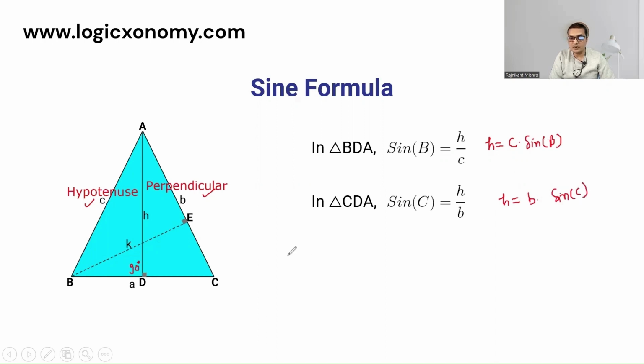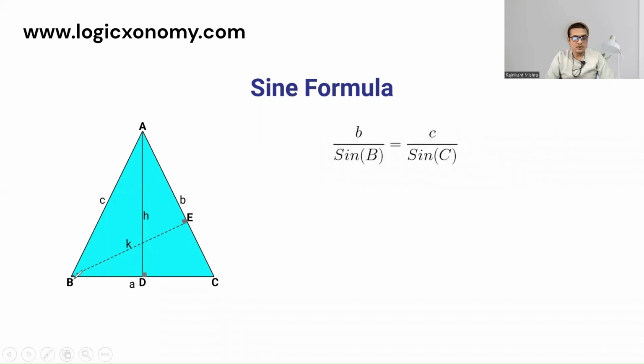From equations 1 and 2, c sine B is equal to b sine C, or b by sine B is equal to c by sine C. Now draw BE, the altitude on AC, where BE is equal to k.